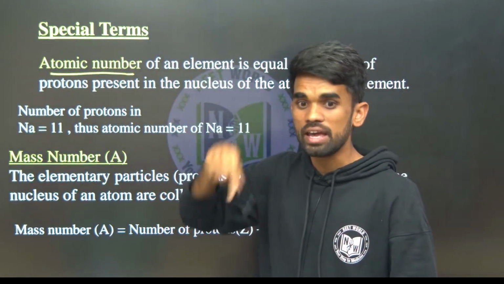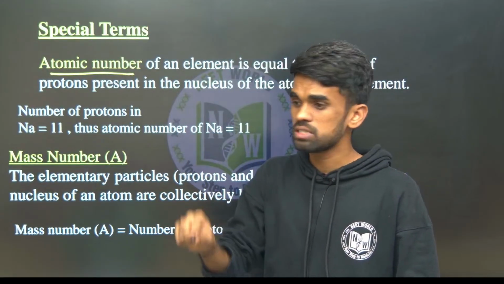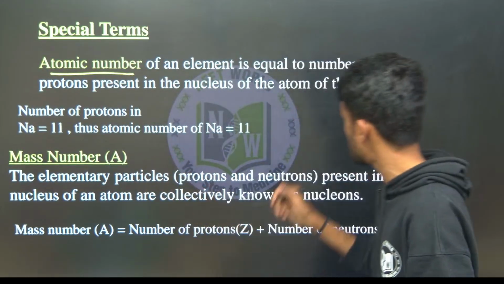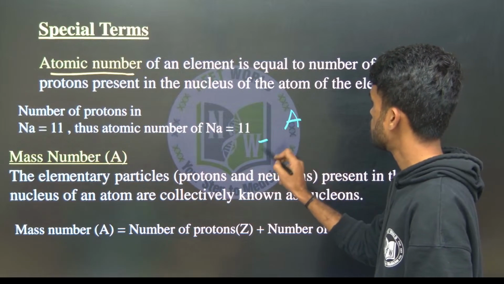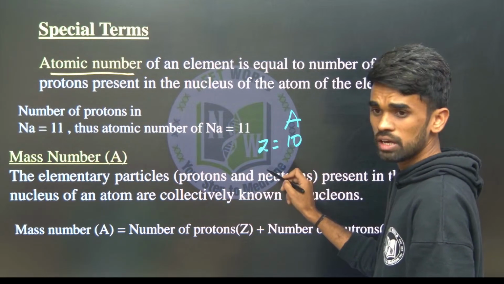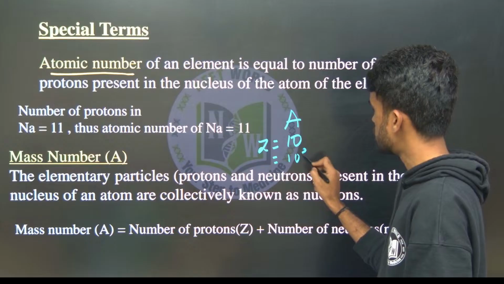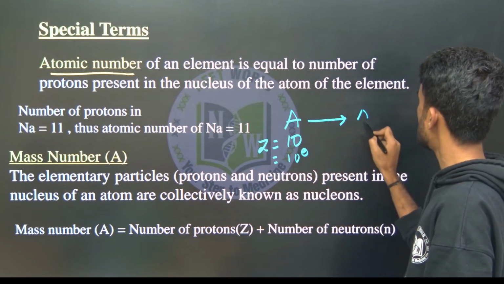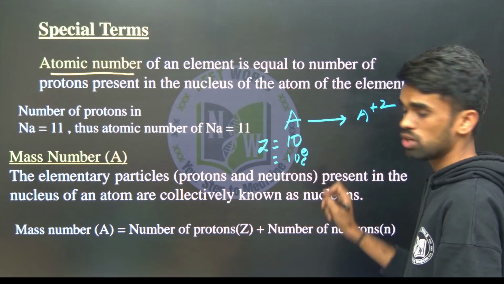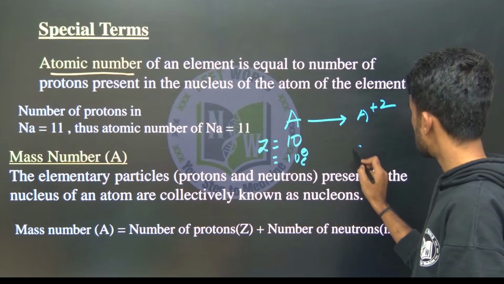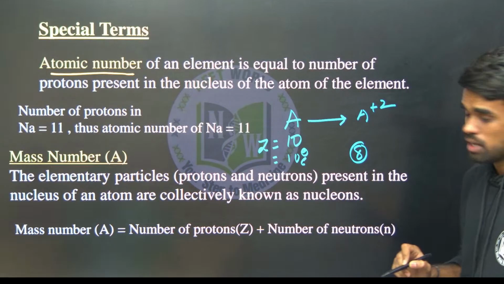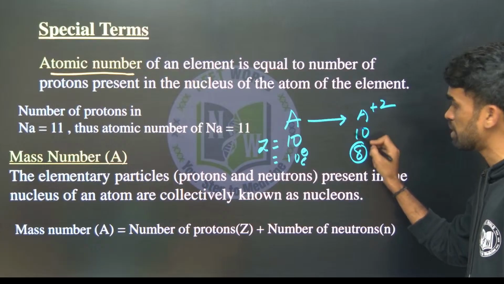But in the case of ions, electrons participate in ionization. For example, A is an atom having 10 protons and 10 electrons, but if it is ionized to A plus 2, what about its electron count? 8.